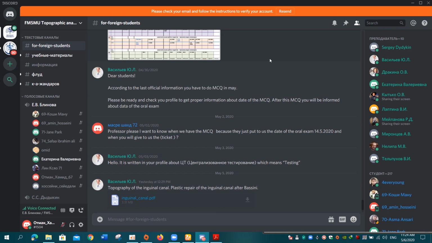The muscles of the anterior group include the tibialis anterior muscle, the extensor hallucis longus, and extensor digitorum.